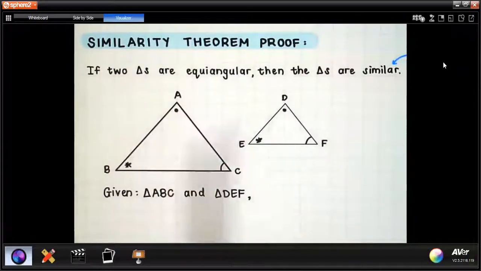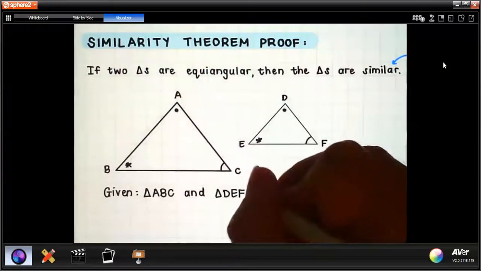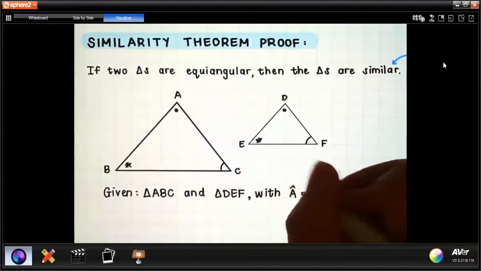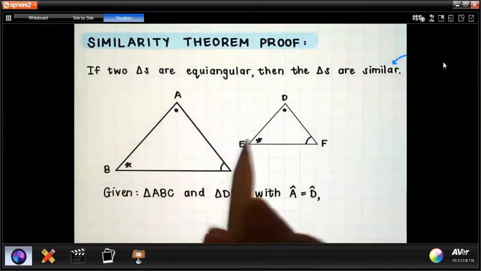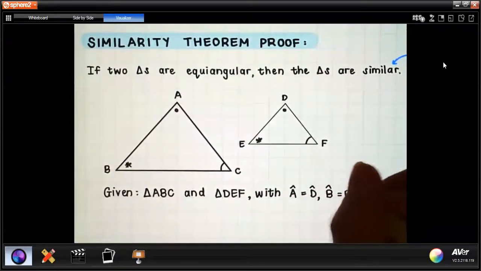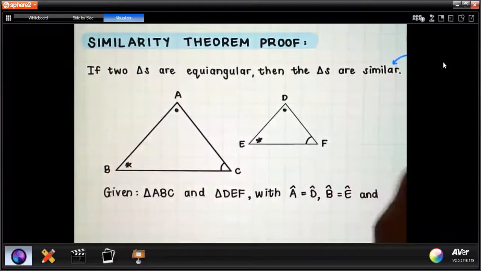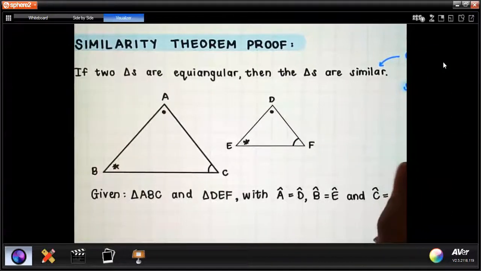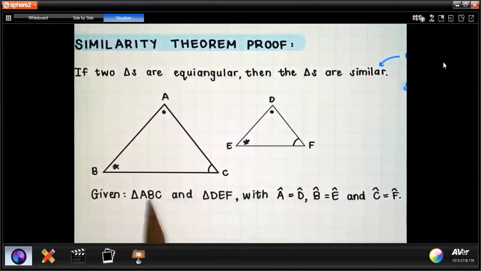So as we can see here in the diagram, it's given that angle A is equal to angle D. Angle B is equal to angle E. And angle C, across, is equal to angle F. Alright, so that is the full given statement. Like I said, they can give you different letters. You need to then adjust that. But the given statement is also always written down for you.